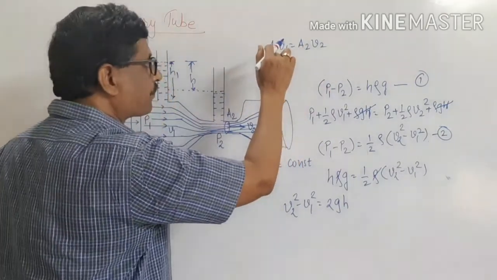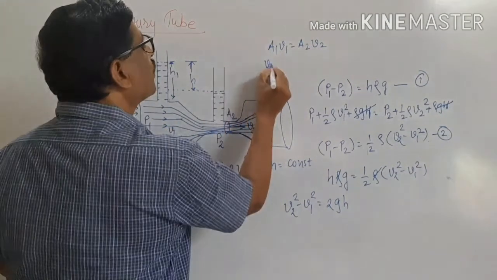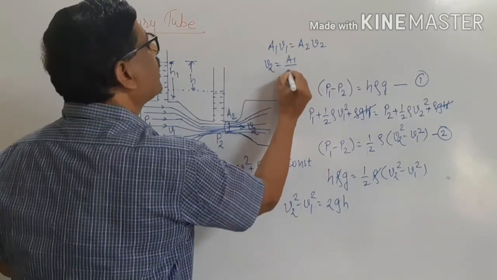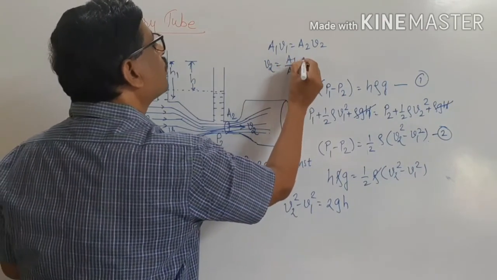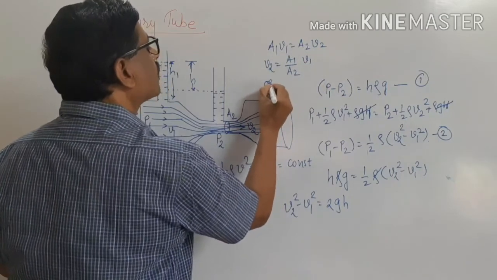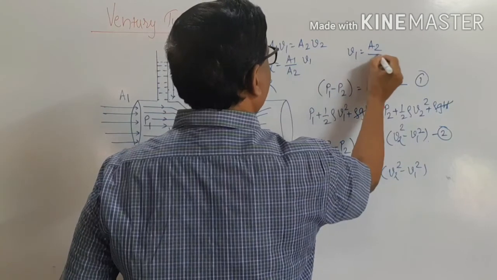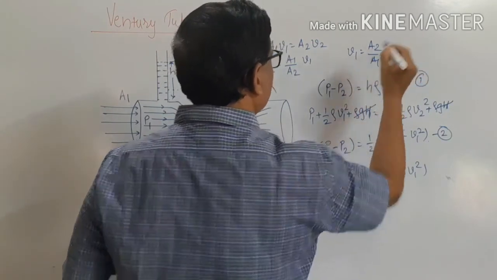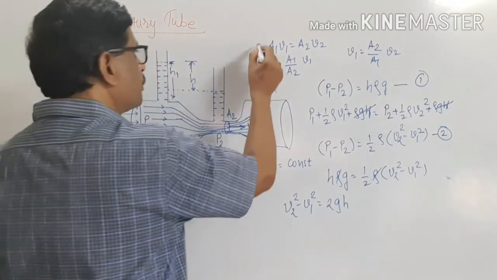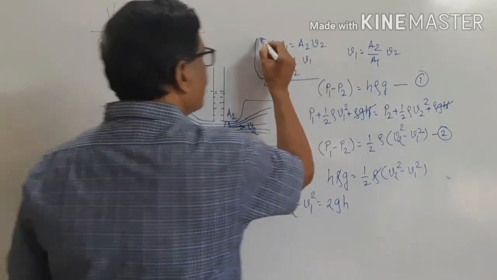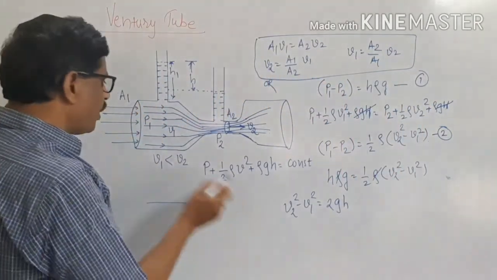From this I have to determine V1, therefore I will write V2 is equal to A1 divided by A2 into V1, or V1 is equal to A2 divided by A1 into V2. Now, using this, we are able to find out the value of V1.